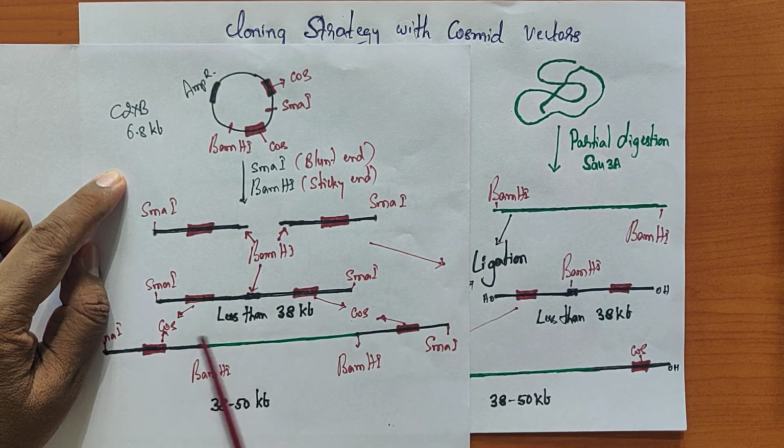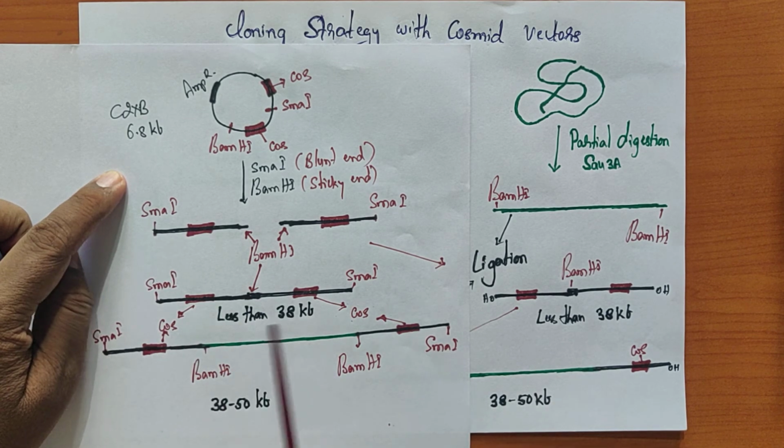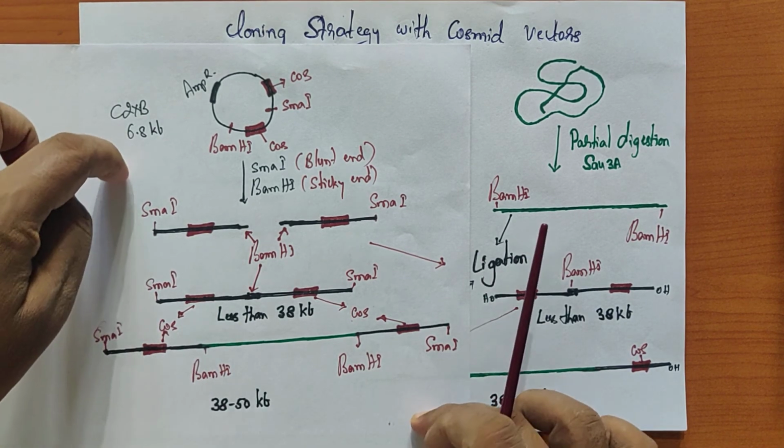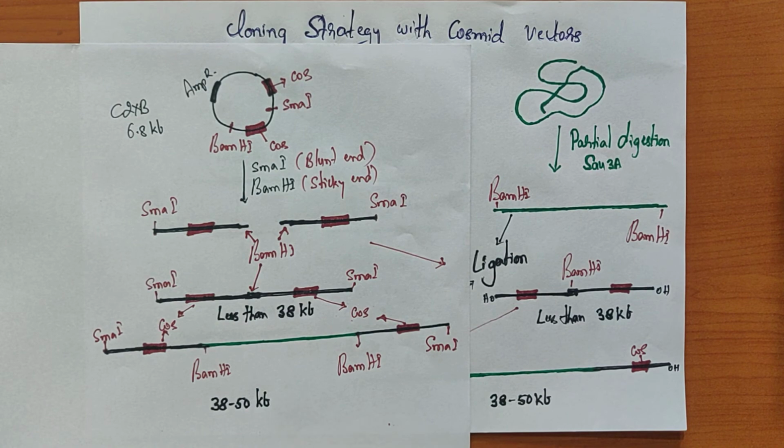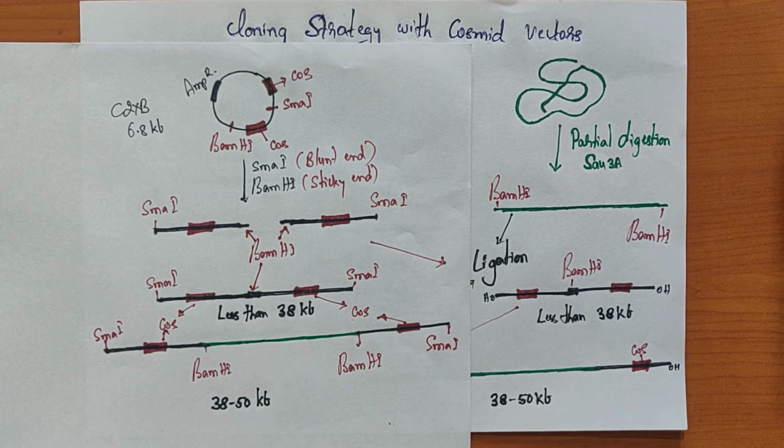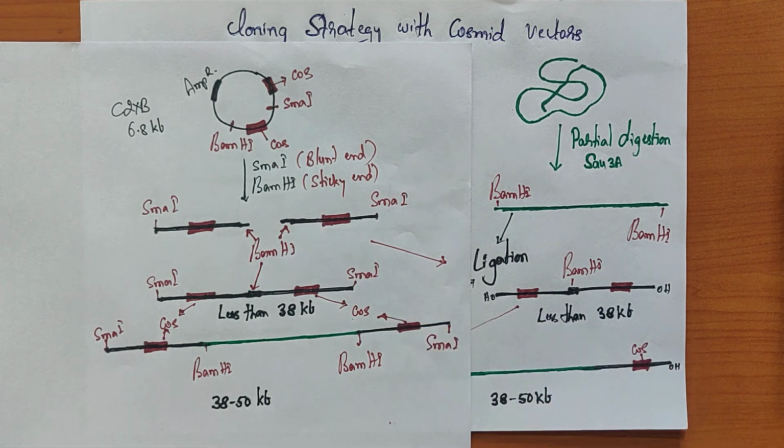Now this is going to be ligated. Since we have the two cos sites, and that distance is whatever is required, 38 to 50, if it is maintained, this automatically gets packaged in. So these are the strategies employed for cloning larger DNA fragments with the cosmid vectors.